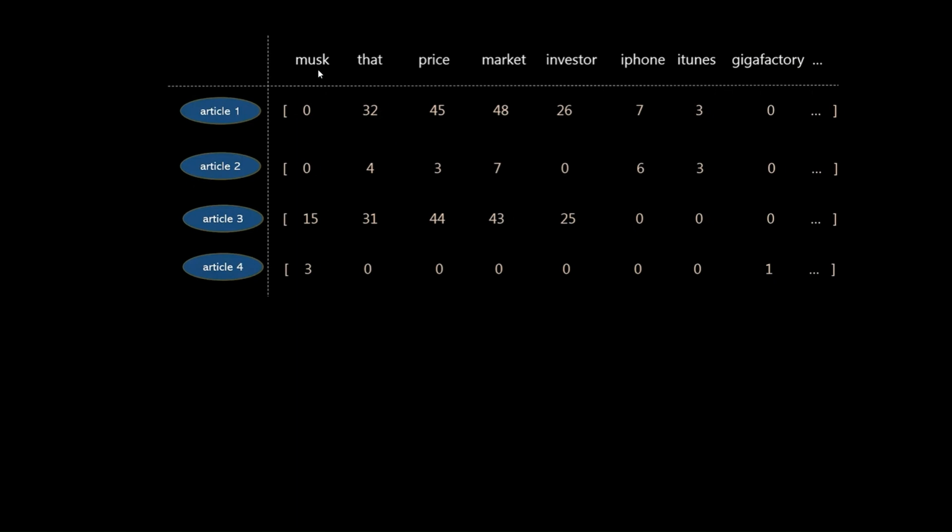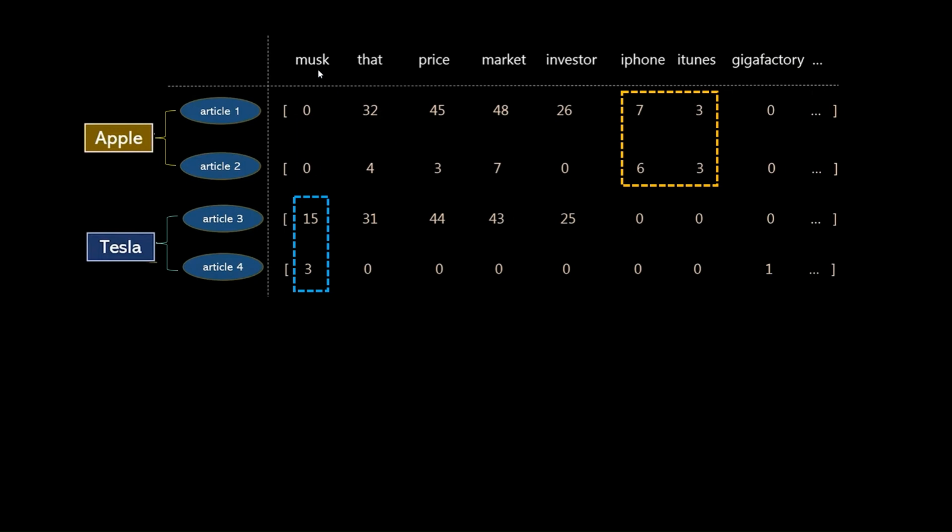Okay. Now, looking at the iPhone and iTunes values of Article 1 and Article 2, we can say that these two articles are related to the phone company Apple.